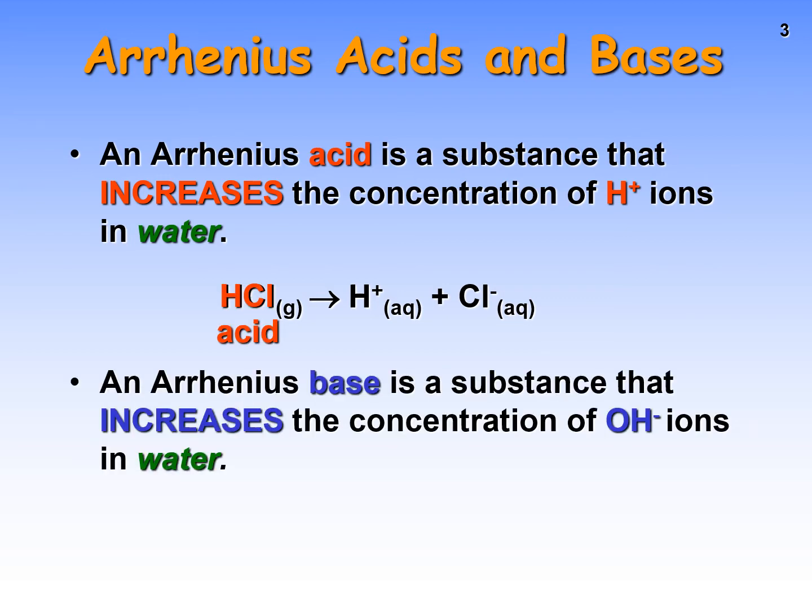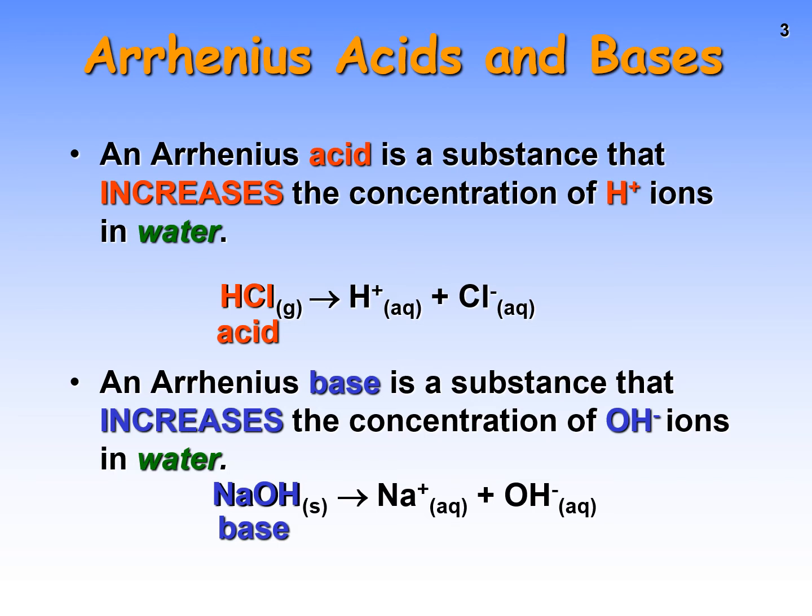On the other side of this coin, Arrhenius bases are substances that increase the concentration of OH minus ions in water. Pretty much the same definition, but now we're talking about OH minus instead of H plus. So NaOH is an Arrhenius base because when we dissolve it in water, it breaks apart into Na plus and OH minus, increasing the OH minus concentration in water, making it a base.